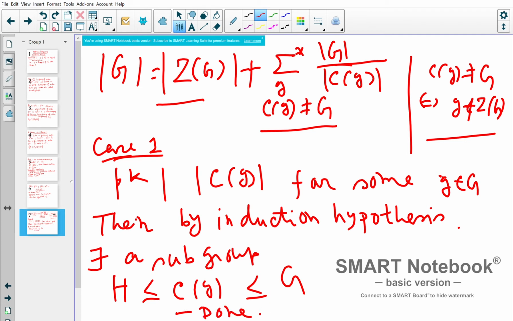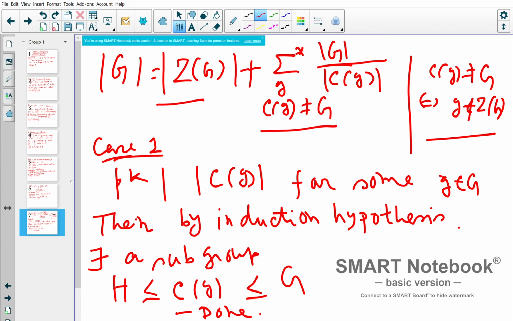If you have some g for which P power K divides the order of the centralizer, then the centralizer contains a subgroup of order P power K, which is also a subgroup of G. So this case is done.